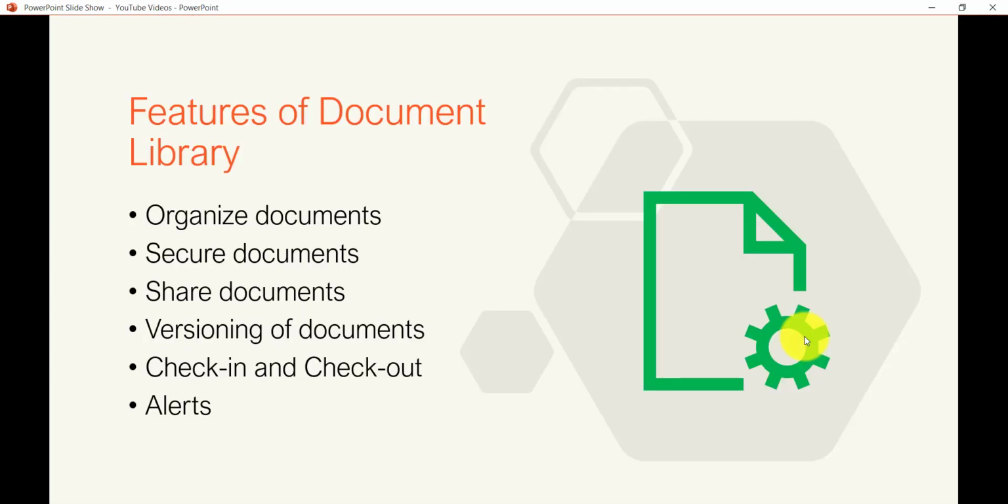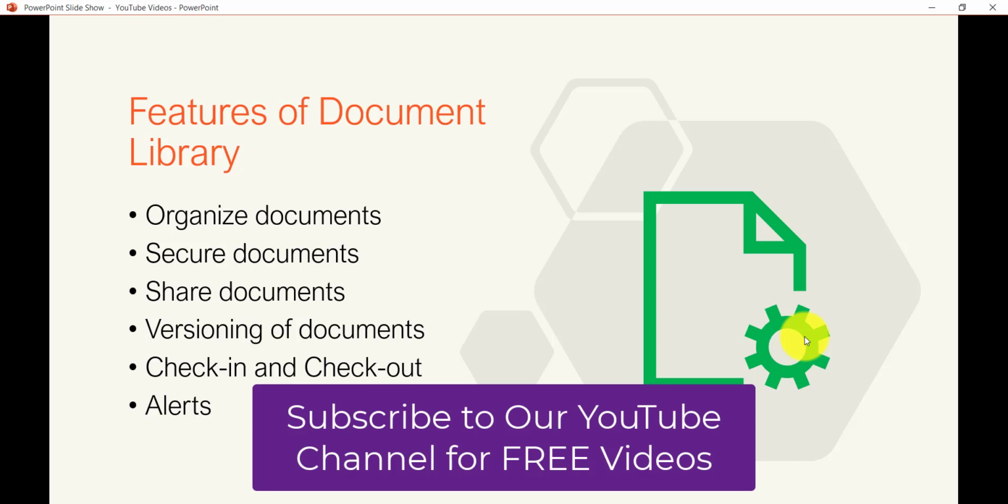Now let us see the features of a document library. So imagine you create a library so that your team members can access the files and collaborate with each other. Now, what are the features that you can get? You can organize the documents properly. We will see shortly what the different ways to organize are. And then you can securely store the documents.